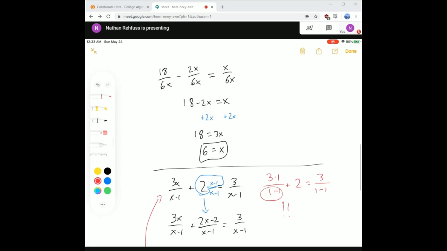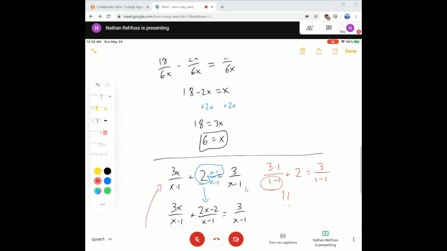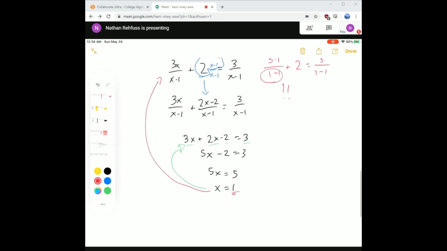I didn't check up here because, well, the only thing that makes the denominator 0 is 0. That's not 6, so this is really going to work. 3/6 minus 1/3. That leaves us with 1/6 now, doesn't it? But down here, we have a problem. Since the only solution we found would actually make us divide by 0, there is no solution.